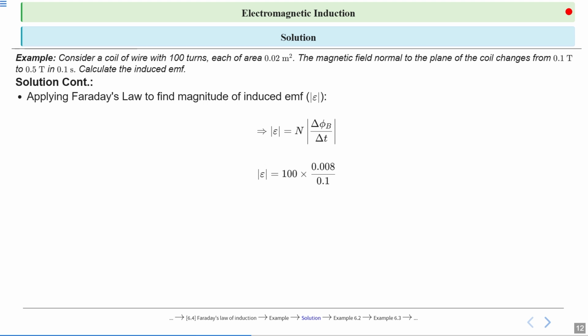In what time is the magnetic field changing? In 0.1 second. After solving it, the magnitude of EMF is equal to 100 into 0.08 volt. So the magnitude of induced EMF will be equal to 8 volt. Understood?